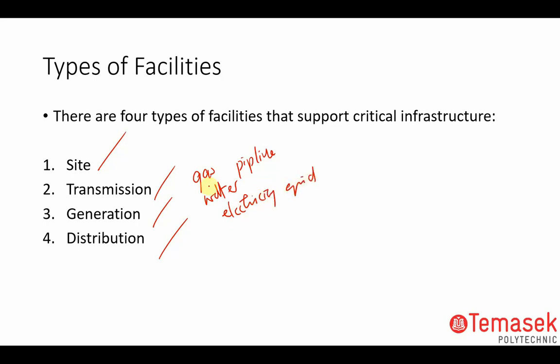All these are transmission. In between, they may have something we call the substation. The substation is important. If some of this is run by computers and they get hacked, then it becomes a lot of issues, and they are very remote.